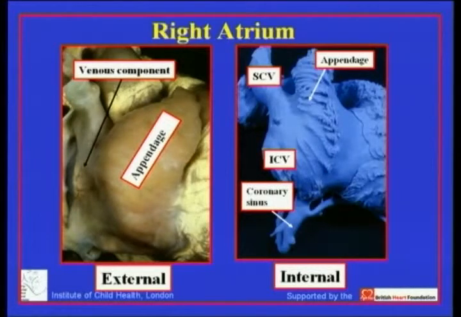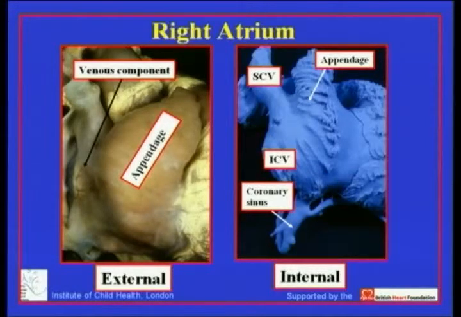You can now beautifully see that the appendage is characterized by its internal aspect of these ridges, and these ridges are the pectinate muscles. They are called the pectinate muscles because they branch out like the teeth of a comb relative to a muscle bundle here, the terminal crest, which marks the internal location of the terminal groove.